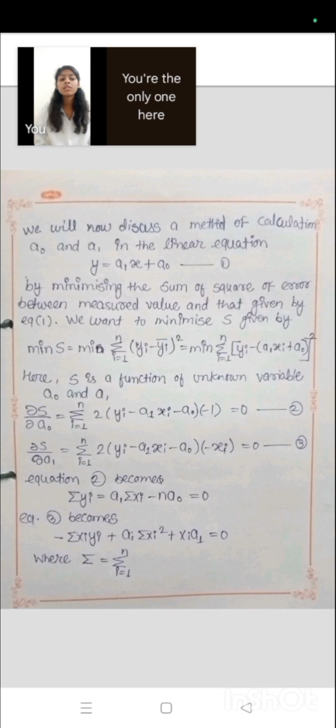We call these equations 2 and 3 and solve them. So equation 2 becomes summation yi = a1 summation xi plus n a0, and equation 3 becomes minus summation of xi yi plus a0 summation xi plus a1 summation of xi square equal to 0, where summation means summation for i = 1 to n.